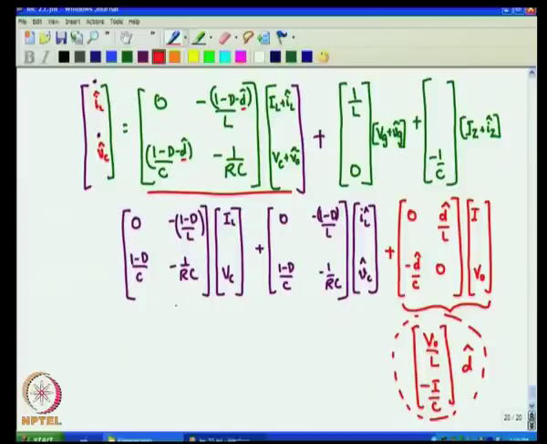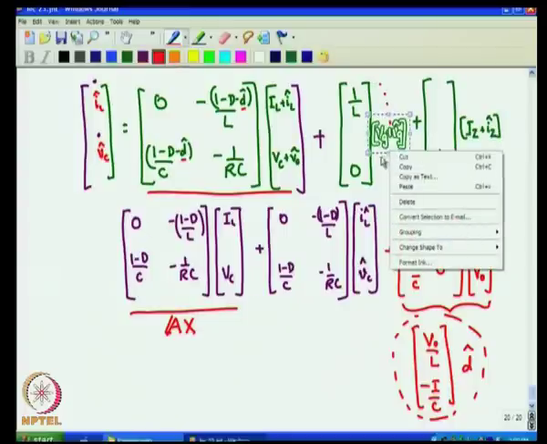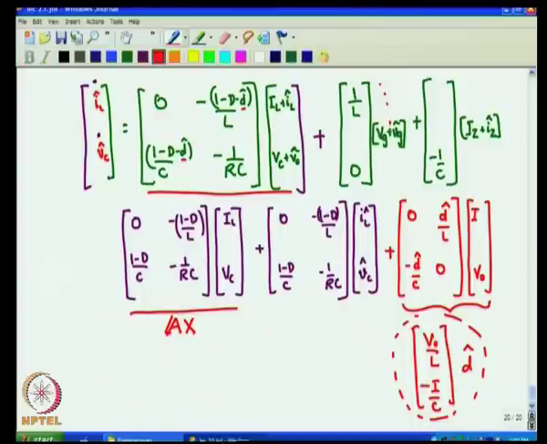So, that can be written in this form here. Now, this is one of the steady state parts, the AX part, steady state AX part, and then you have a steady state BU part.